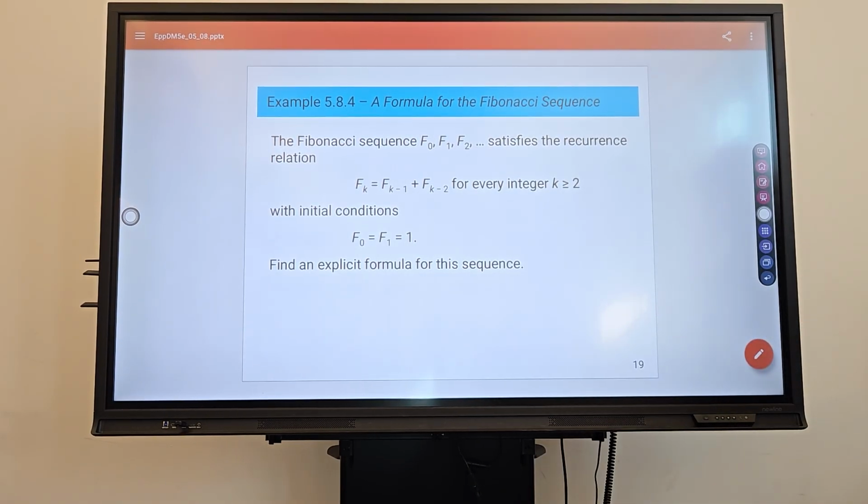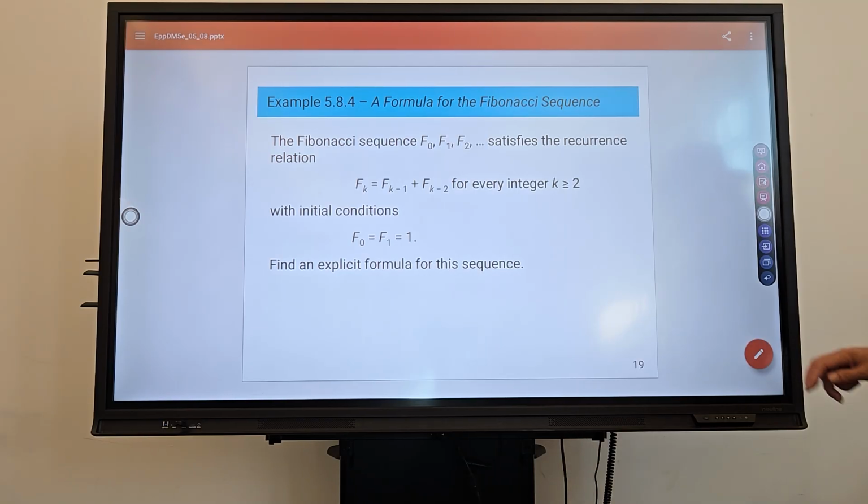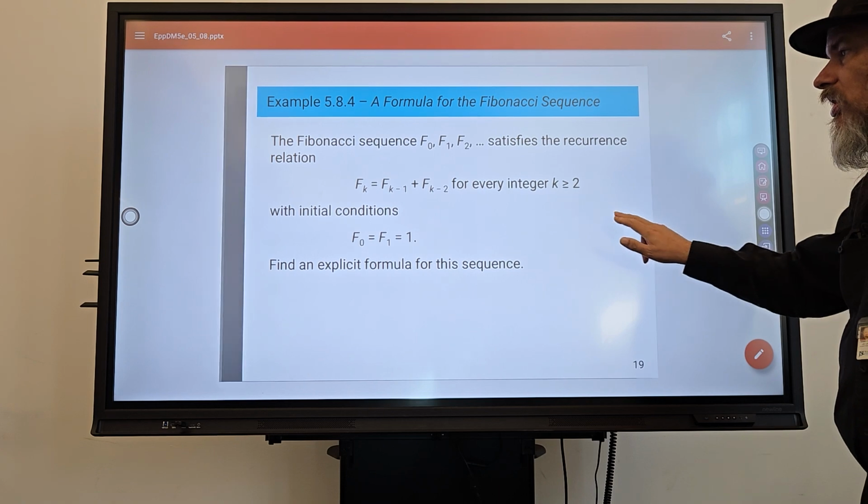The Fibonacci sequence satisfies the recurrence relation f sub k equals f sub k minus 1 plus f sub k minus 2, with the initial conditions f sub 1 and f sub 0 equal 1. Find an explicit formula for this sequence.